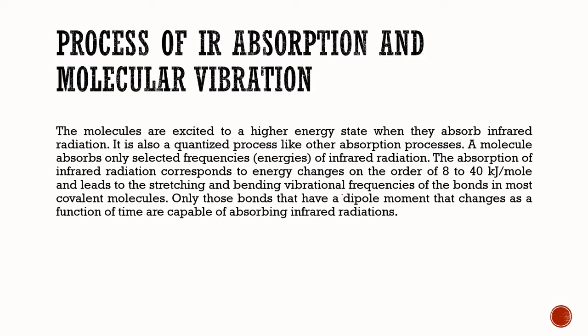So it is also a quantized process as absorption is involved in it. These frequencies lead to a change in energy on the order of 8 to 40 kJ per mole. And this energy change will lead to the vibrational frequencies of the bonds, and the molecular vibrations can be stretching or bending.